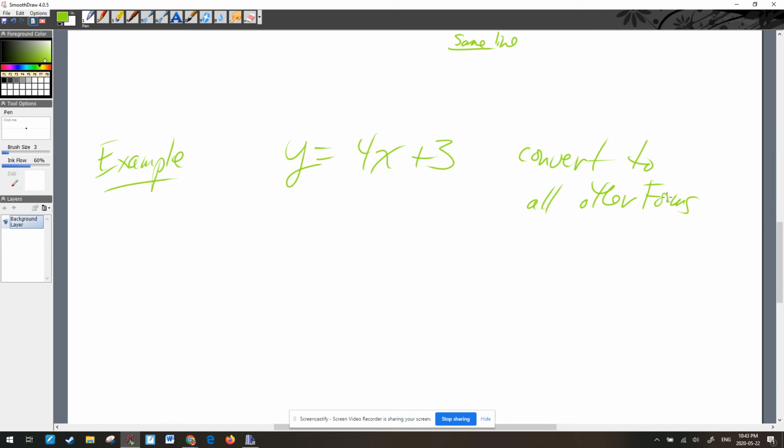So if I need to enumerate them for you, there is the vector form, the parametric form, the symmetric form, and the Cartesian form. So pause it, give it a whirl, come on back.